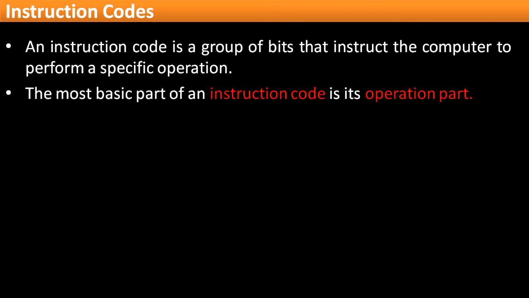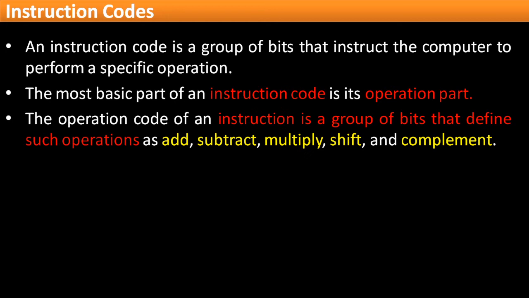Okay, now an instruction code is a group of bits that instruct the computer to perform a specific operation. The most basic part of an instruction code is the operation part of it. The operation code of an instruction is a group of bits that define operations like we can instruct the computer to go for addition, subtraction, multiplication, shift, complement.